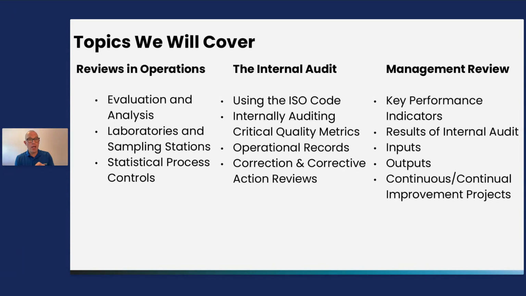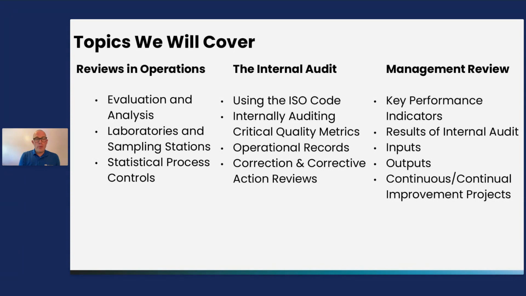So we're going to be talking about that in the next section when we're talking about frontline reviews. How do we designate a critical quality metric? Do we even need that in our quality management system? We're going to be talking about internally auditing that critical quality metric, and it's something that we're going to link directly to the internal audit, even though it starts with the frontline reviews.